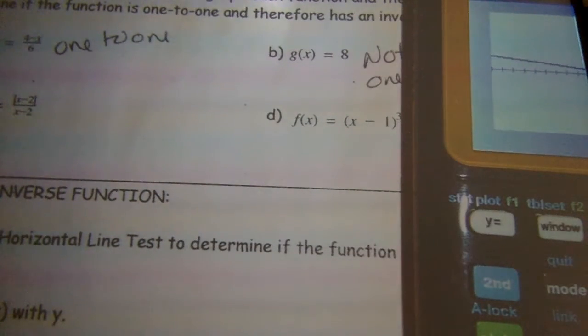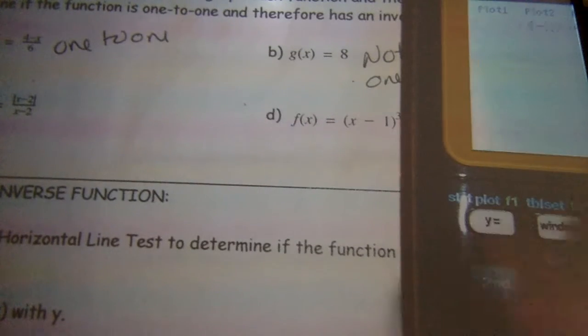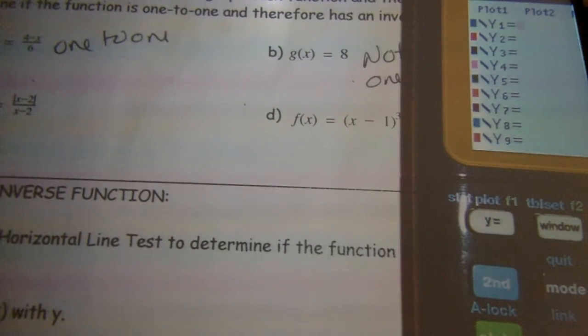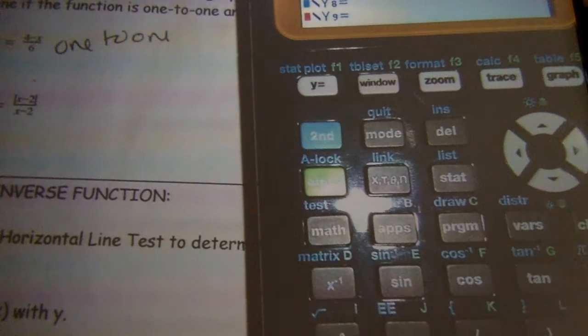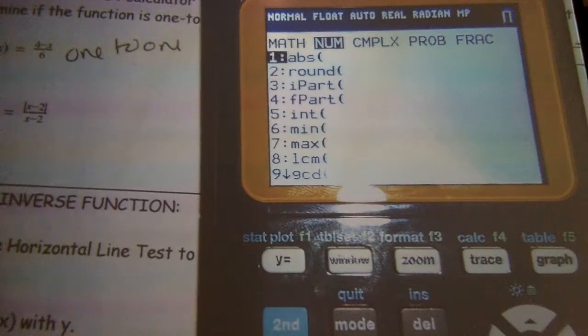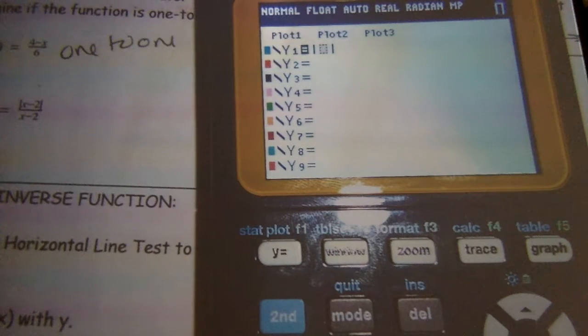How do you get the absolute value signs on here? Any ideas? Math. Math is right underneath alpha. Go over to numbers. And right there it says ABS. Hit enter. There's your absolute value. Let's try that again.